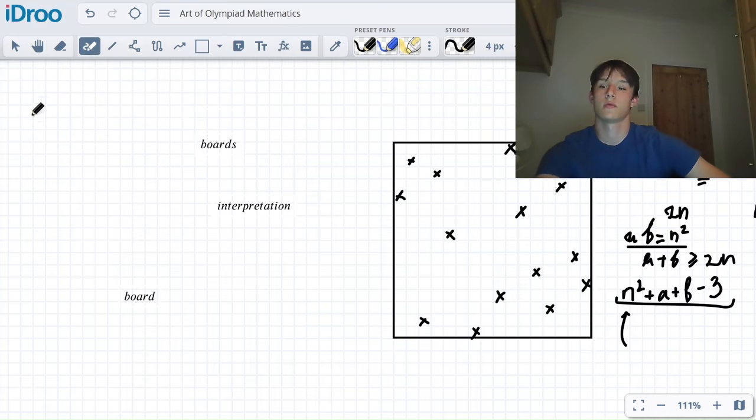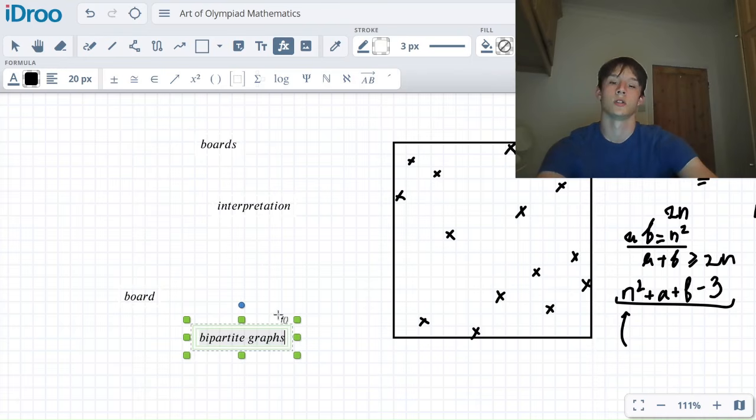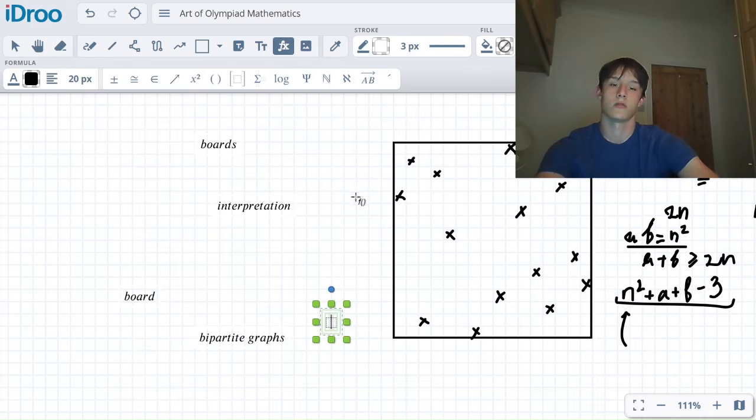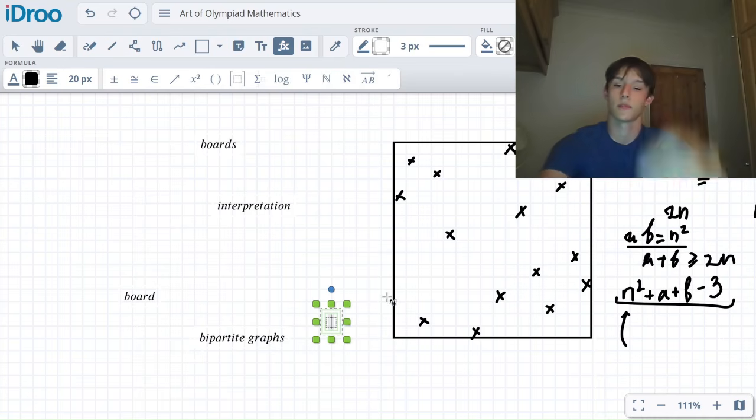Basically bipartite graphs. Yeah, that's the name. Bipartite graphs, where you interpret each column and each row or each diagonal of one side and the other side as a separate part in the bipartite graph.